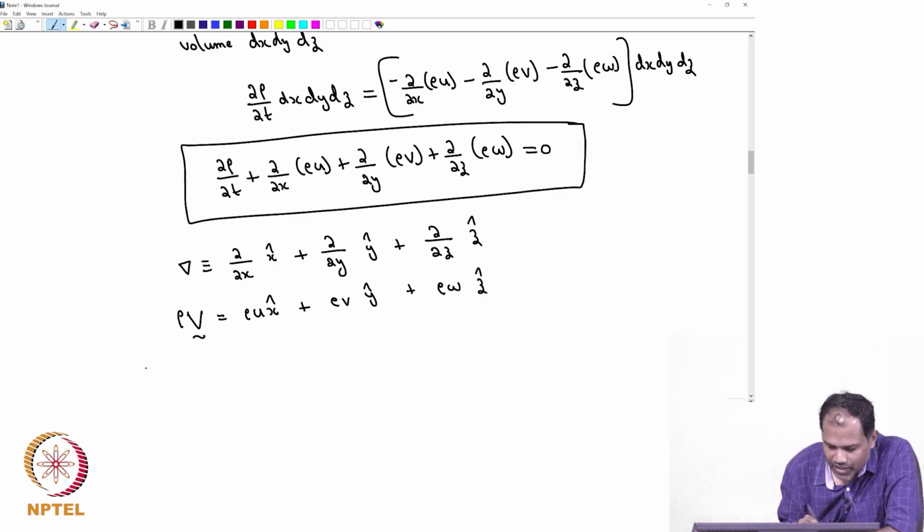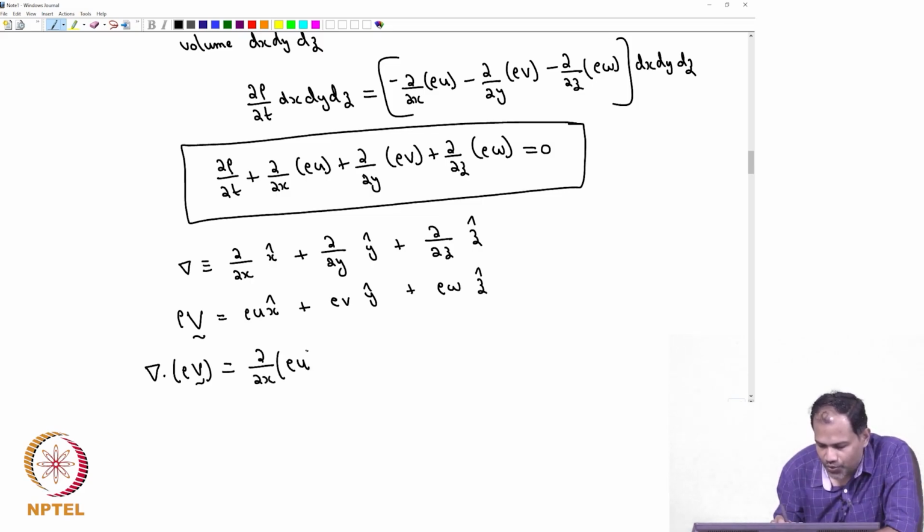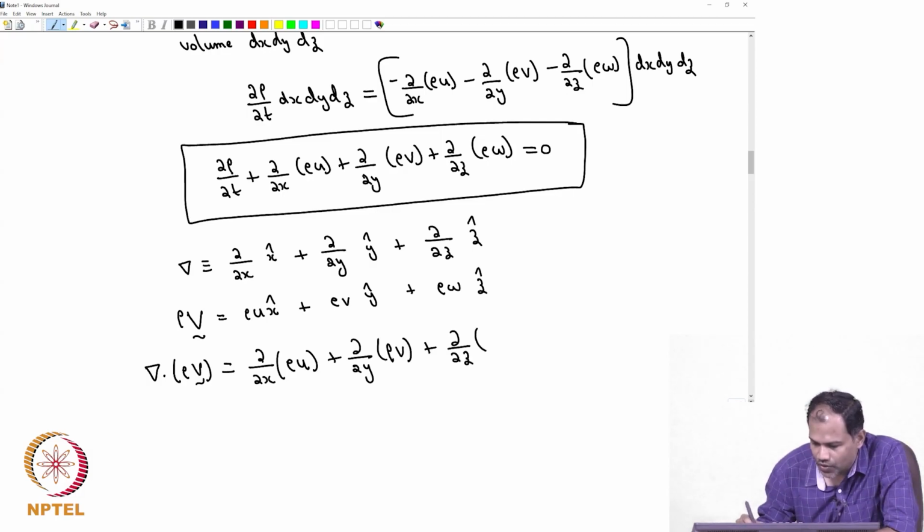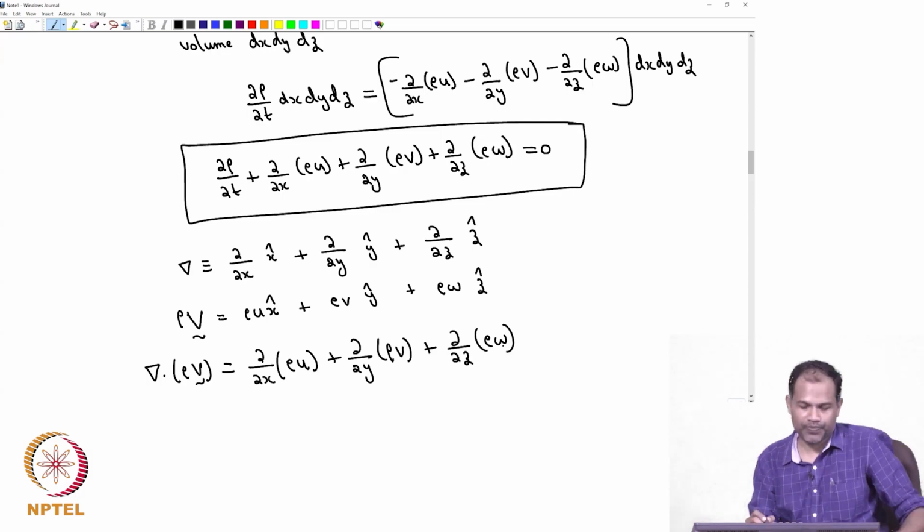And if I want to calculate the divergence of rho V, that is going to be nothing but del by del x of rho u plus del by del y of rho v plus del by del z of rho w, right.